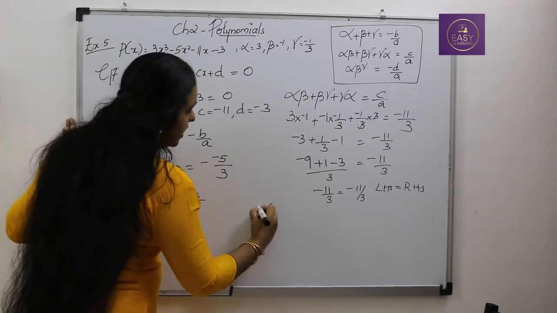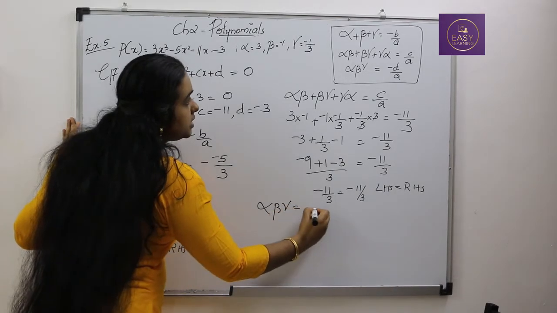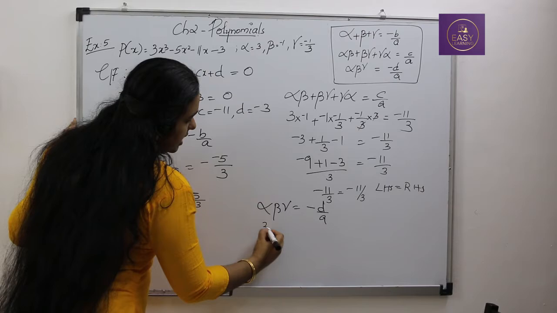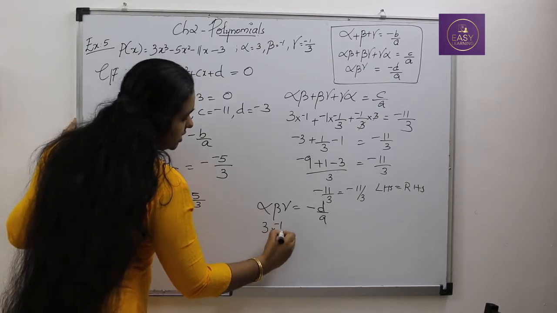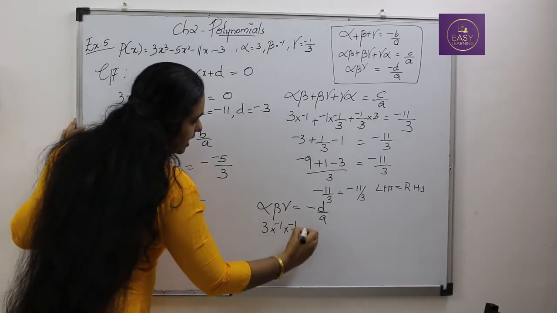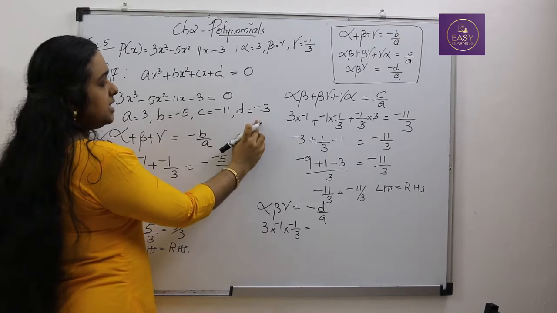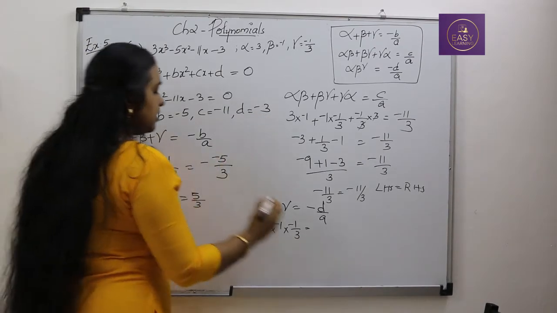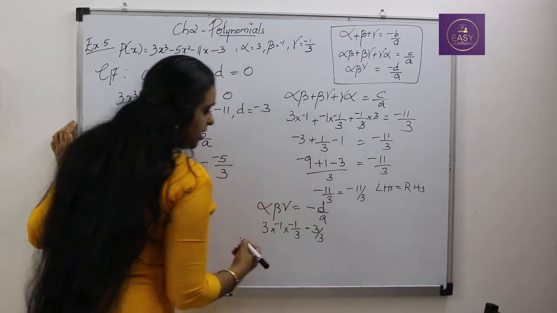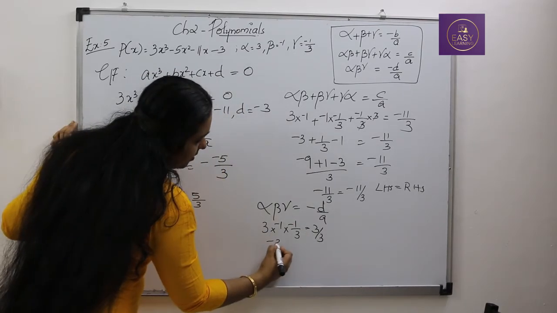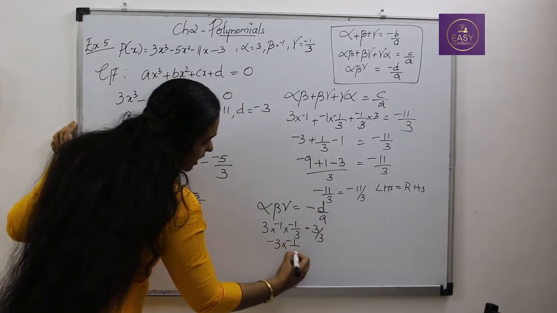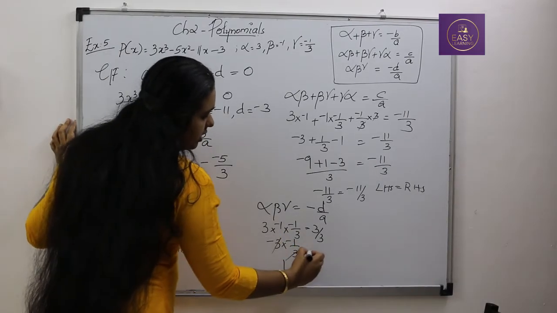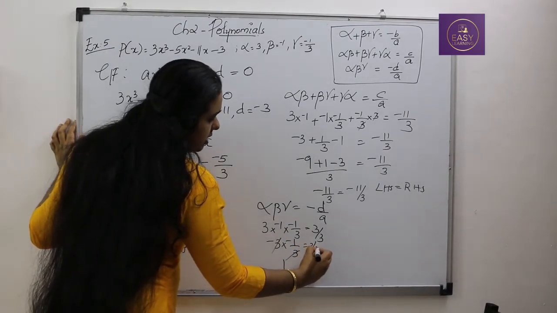Third relationship is alpha beta gamma equals minus d by a. Alpha is 3 into minus 1 into minus 1 by 3 equals minus d, which is minus 3, so minus d is 3 by 3, which is 1. 3 into minus 1 into minus 1 by 3, minus 1 into minus 1 is 1, equals 1.